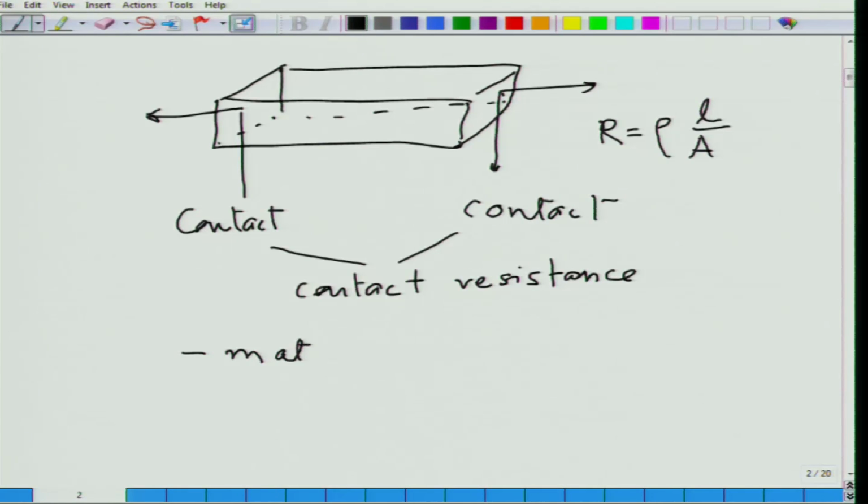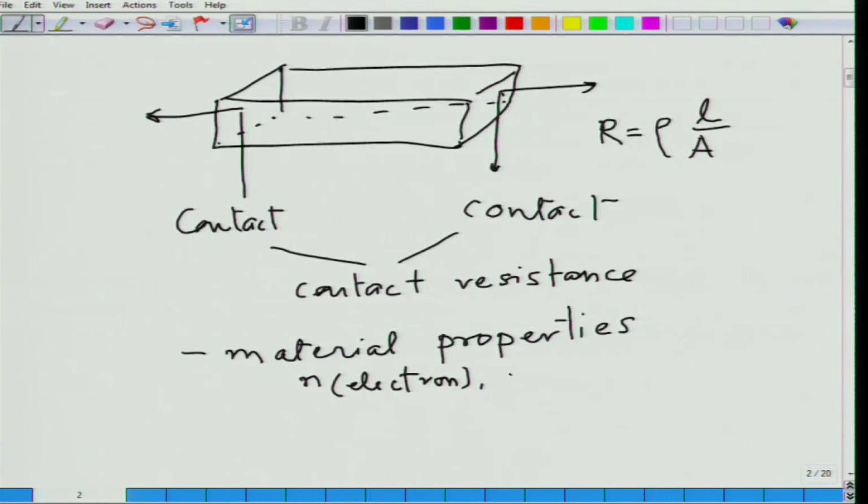So, you need to know your material properties, namely the carrier concentrations in your material, N for electron carrier concentration, P for hole carrier concentration, and their respective mobilities, mu n, mu p.